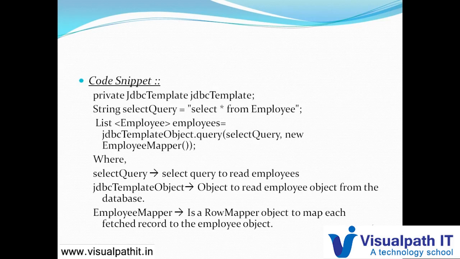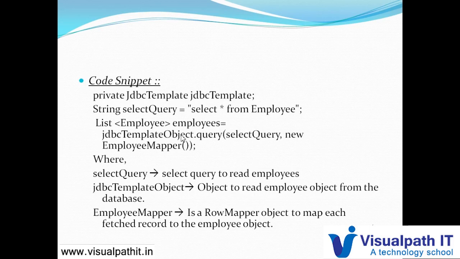So what is happening here? The query that we are using is private JdbcTemplate. JdbcTemplate is the object of this JDBC template class. The select query will retrieve the data of the employees, and here we are retrieving the list of employees.